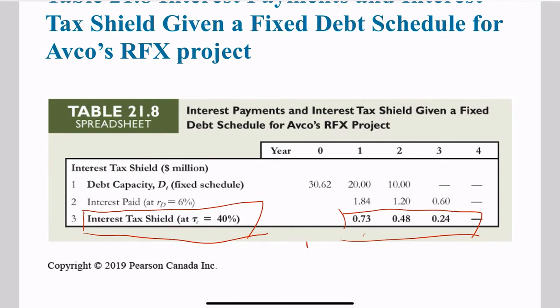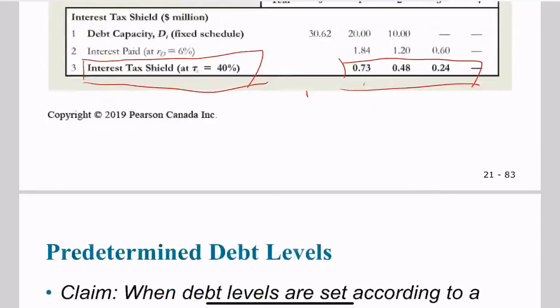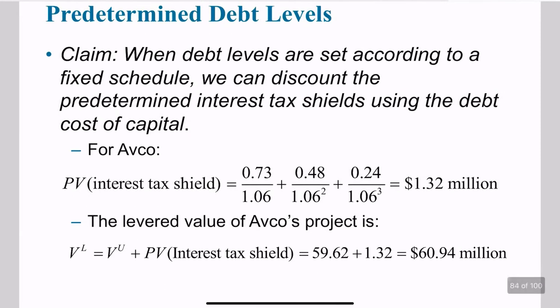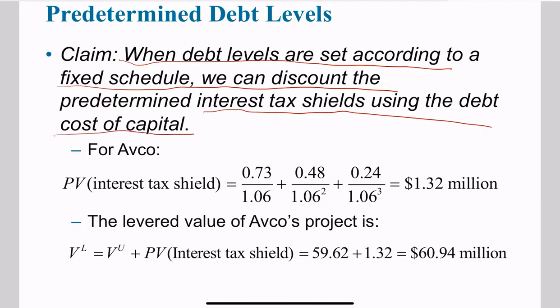You should simply use the debt cost of capital. So let me first state the result here. When debt levels are set according to a fixed schedule, we should discount these interest tax shields using the debt cost of capital. This is fairly intuitive, right?